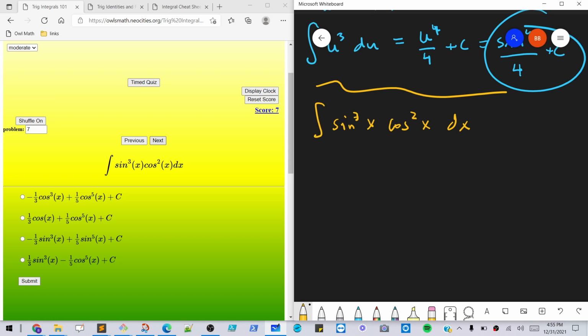That was the double angle formula, but I don't think that's good here. Ideally we'd want just one cosine, because if it was just cosine to the first, we would just do a u substitution. But that's not going to work. So I think we'll use this identity. Oh no, sorry, I got another idea. Scrap that.